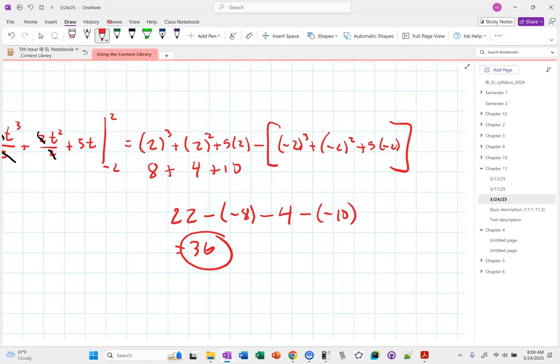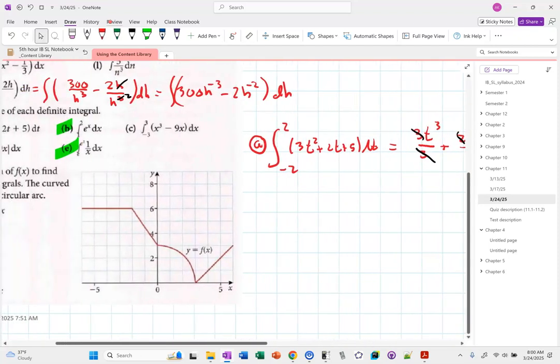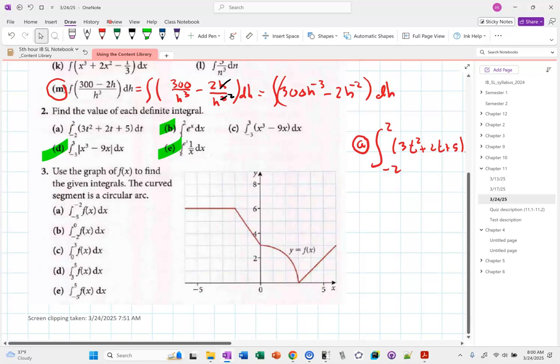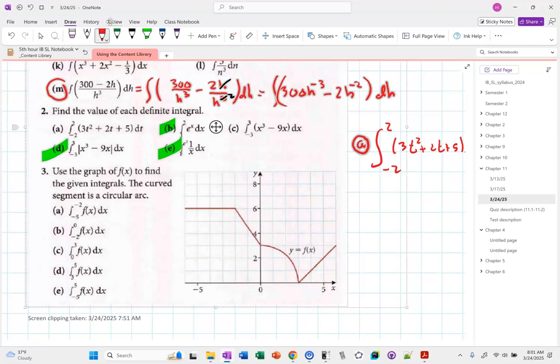All right. Okay. Here it says use the graph of f of x to find the given integrals. And it tells us in the directions the curved segment is a circular arc. So the first integral they want us to look at is from -5 to -2.